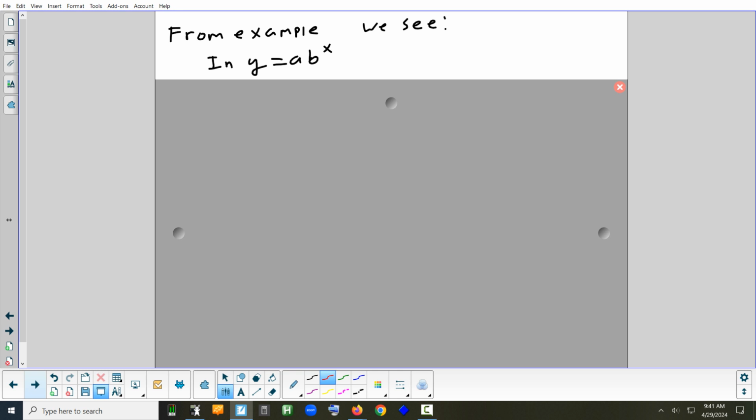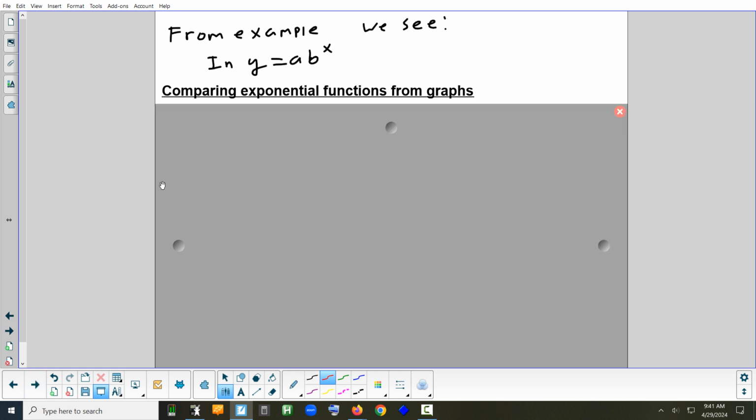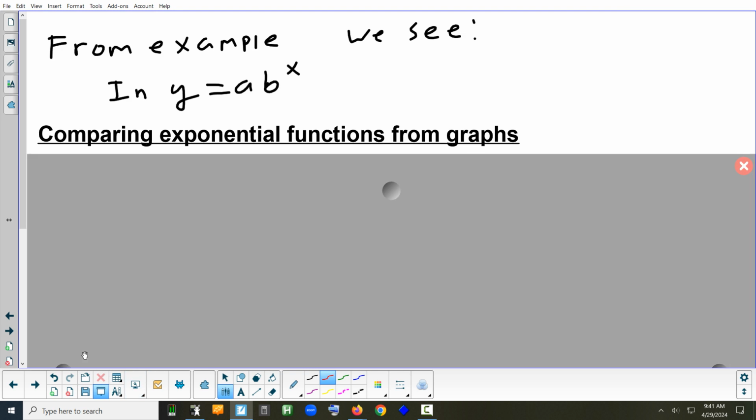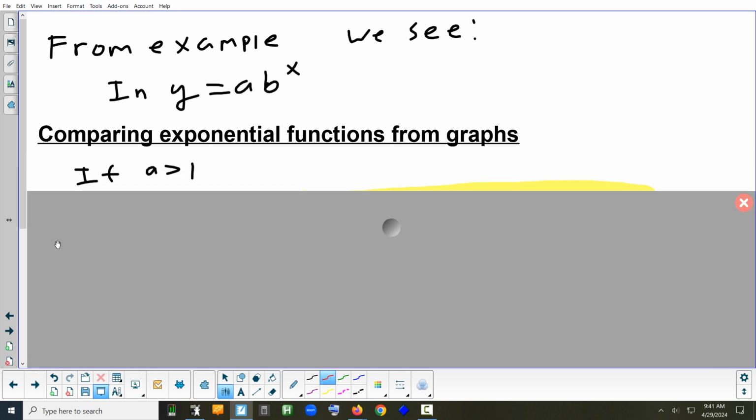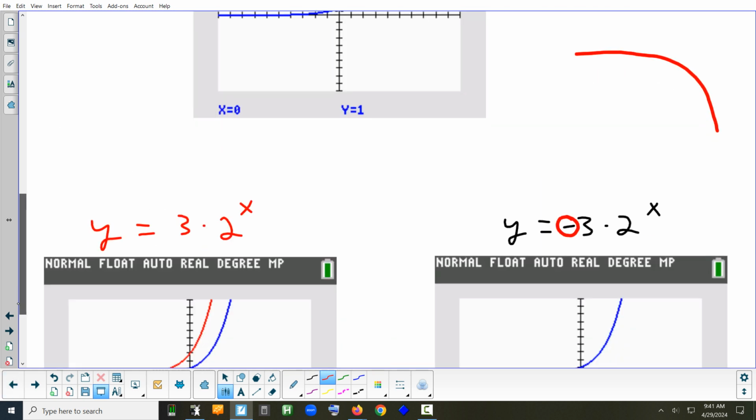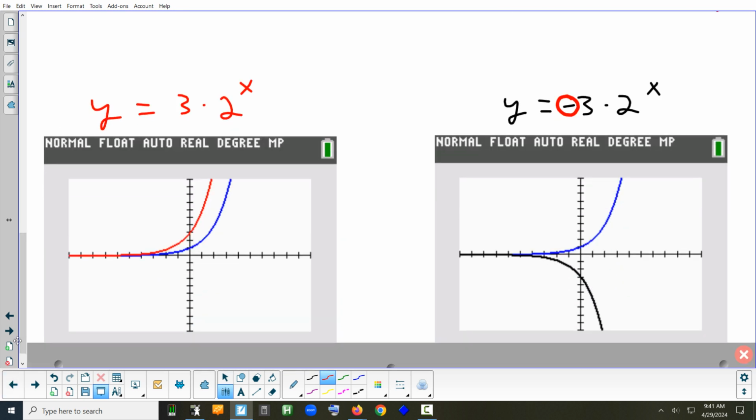All right, so this is what you guys want to write down where it says comparing exponential functions from graphs. Well, first, let's look at the one where a wasn't negative. We'll do the negative one in a second. But the one where the a wasn't negative, okay, basically this is what happened.